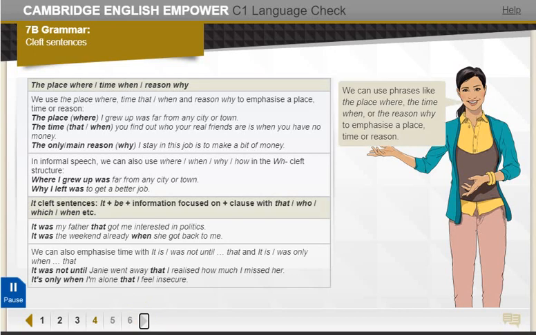We can use phrases like the place where, the time when, or the reason why to emphasize a place, time, or reason. We can say the same thing informally starting with where, when, or why.